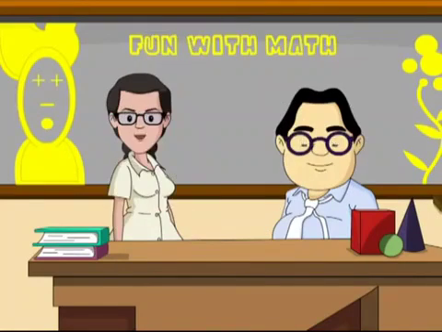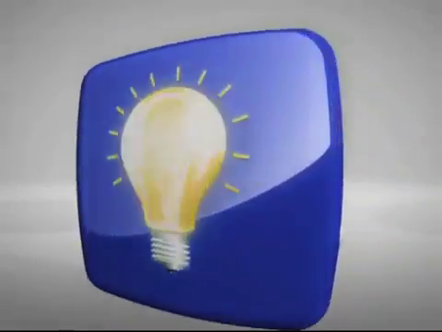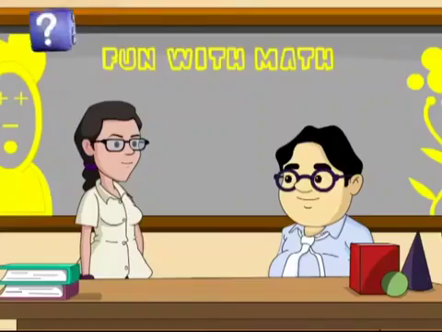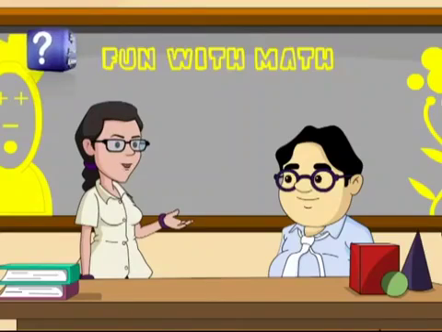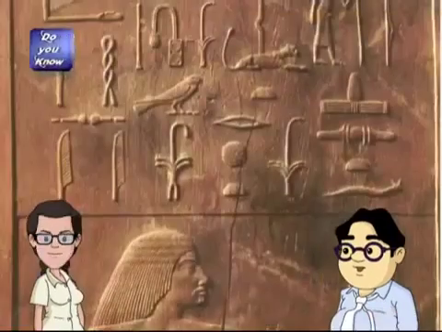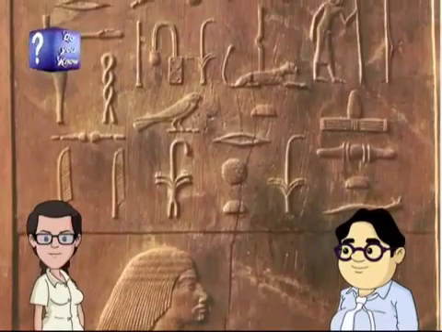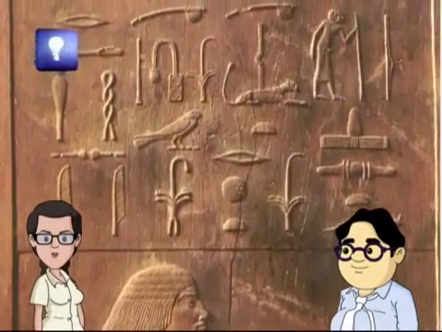Forget it. Let's explore the interesting facts about the evolution of fractions. Do you know that the Egyptians were one of the earliest people on earth to study fractions? That's right. Fractions are as old as 1600 BC.